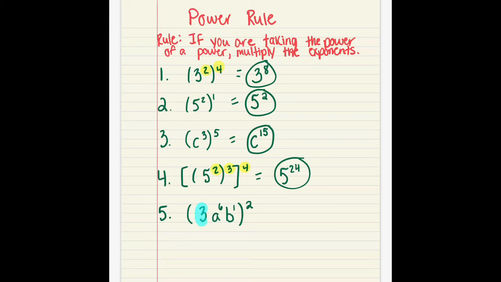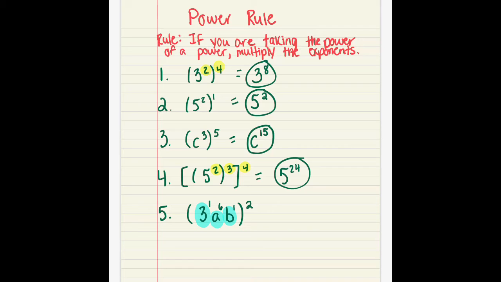So we do have a coefficient of 3. We have base a and we have base b. Now, even though 3 looks like our coefficient, we always have that invisible exponent of 1. So we're going to add that exponent of 1 there to our base 3.